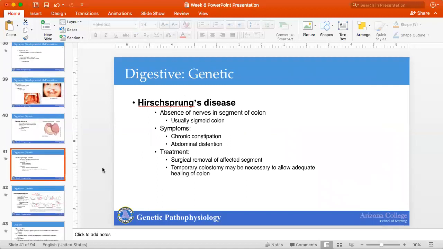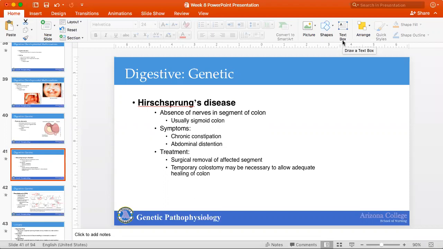Hirschsprung's disease, absence of nerves in a segment of the colon, usually the sigmoid colon. Our digestive tract has its own set of nerve supply which controls the normal peristalsis.